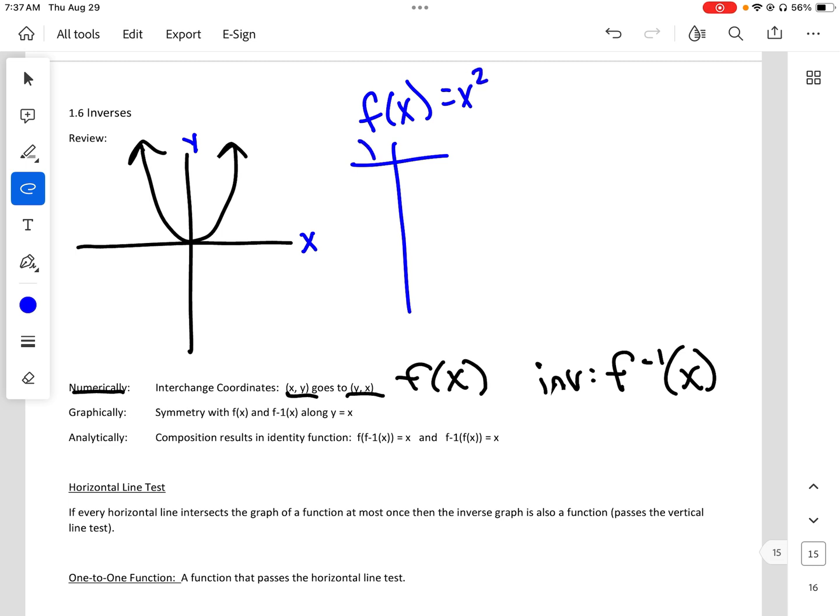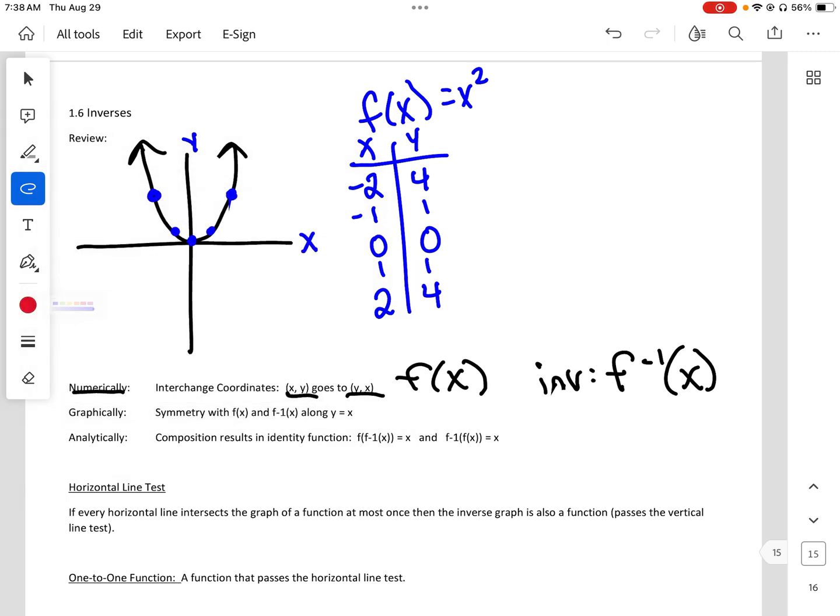Our functions x, y, let's make the table starting with -2, -1, 0, 1, and 2. When we square it, we're going to have this. So that's our 0, 0, our 1, 1, our 2, 4, -1, 1, -2, 4.